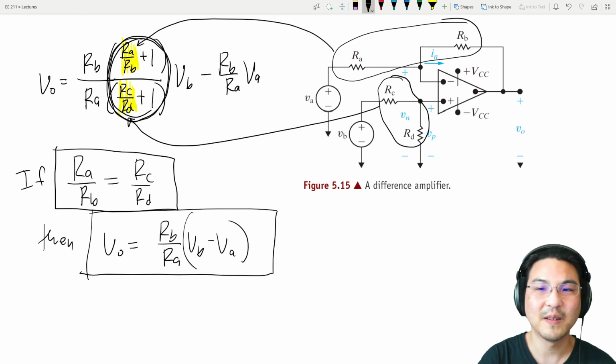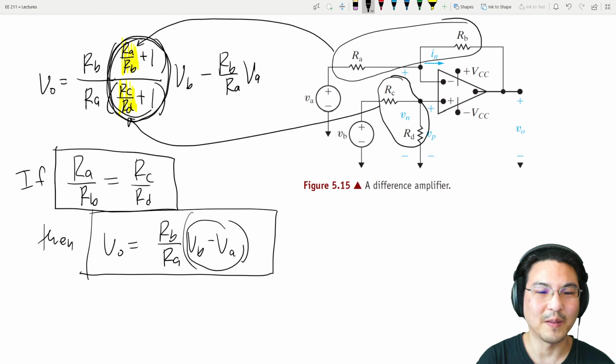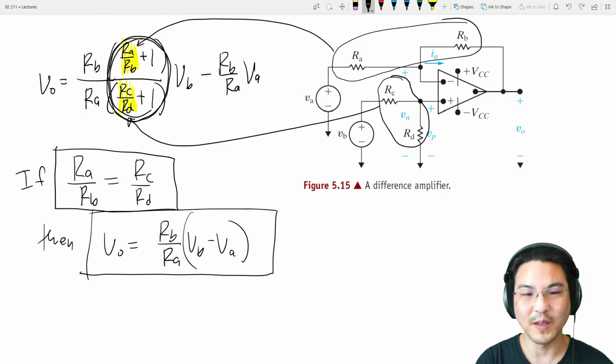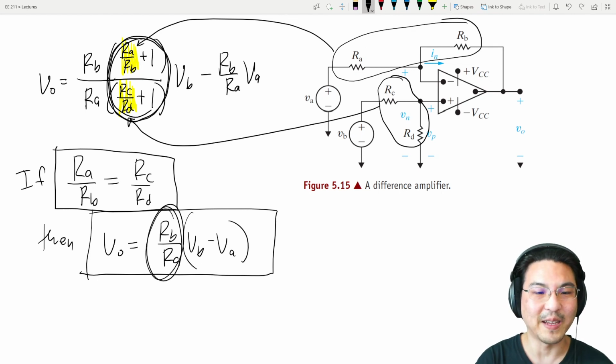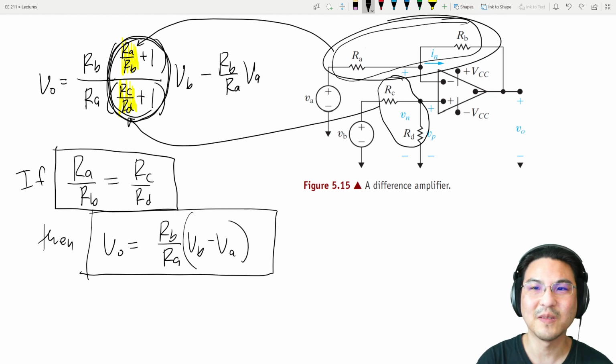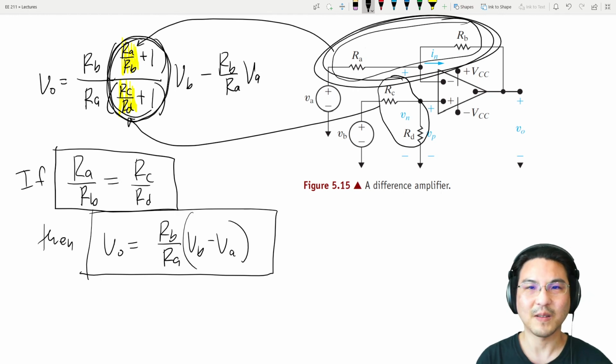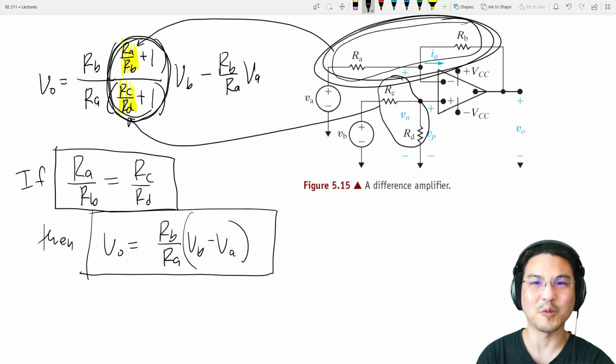Okay, so then the output is just the difference of the inputs, and then there's a gain based on what ratio we choose here. Okay, so focus on the method we employed more so than the actual answer.